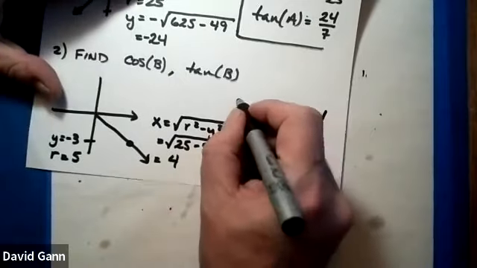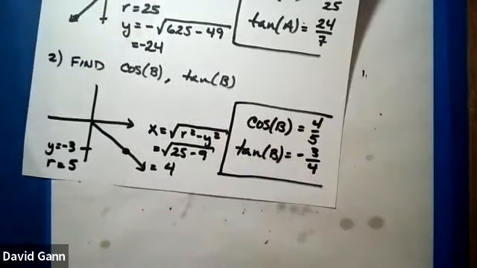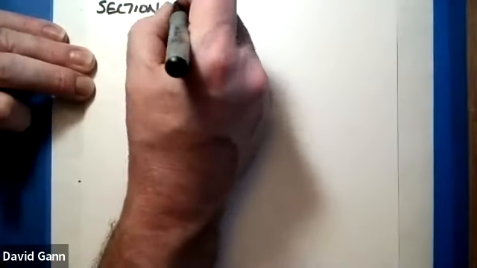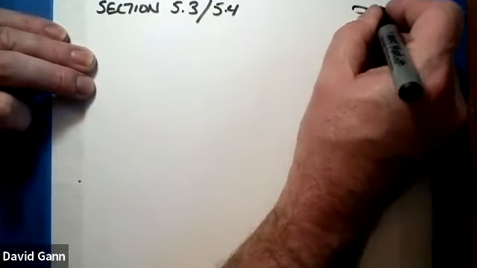Okay, so that was the setup to be able to even start doing the problems. So I'll kind of hold this one in reserve. So that was some preamble that we needed to do in order to be able to do the rest of it. So section 5.3, 5.4, I think we're now up to page 12.